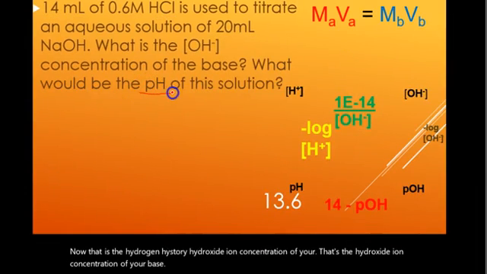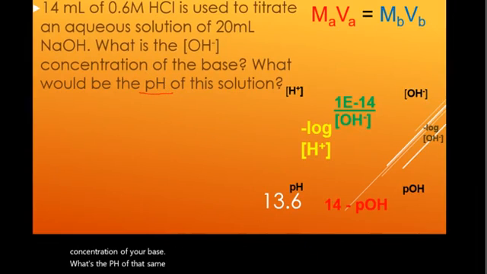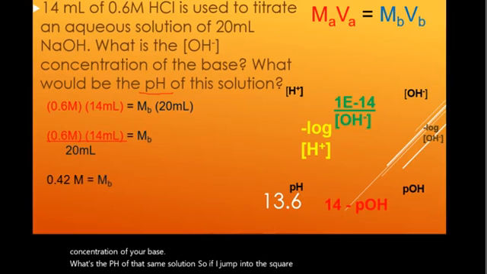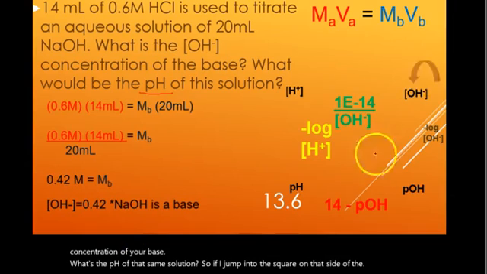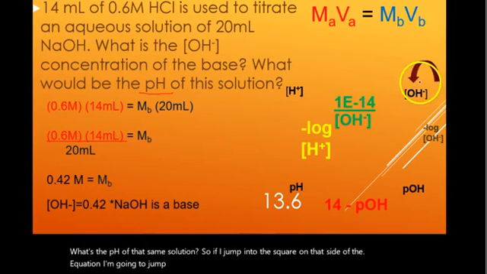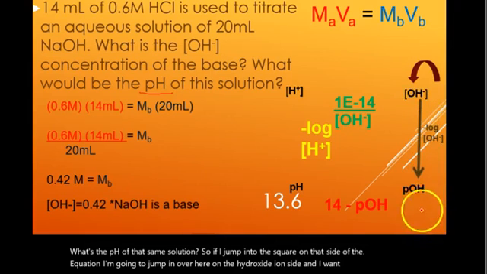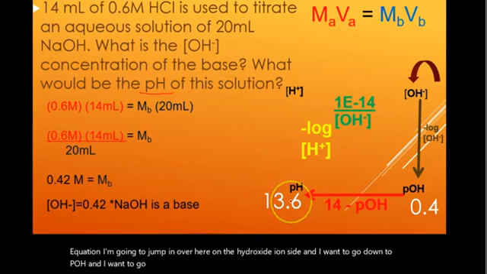What's the pH of that same solution? So if I jump into the square on that side of the equation, I'm going to jump in over here on the hydroxide ion side. And I want to go down to pOH, and I want to go across to pH.